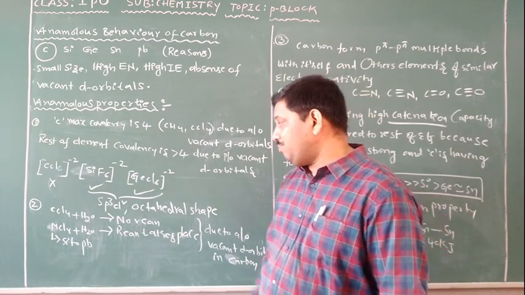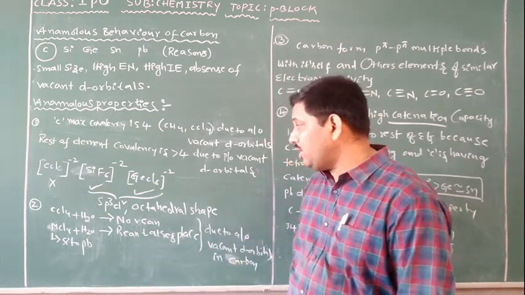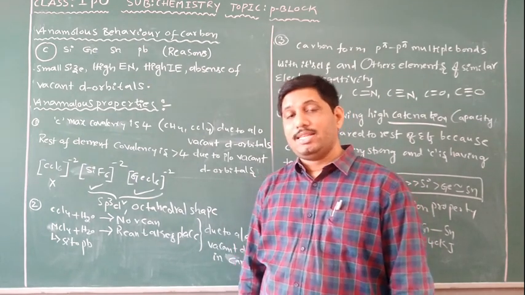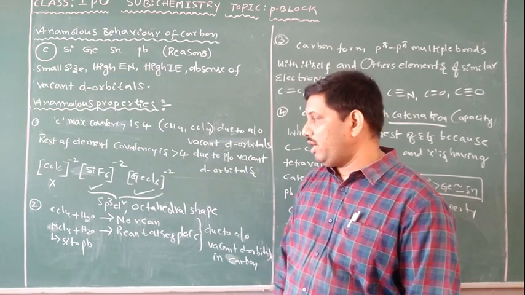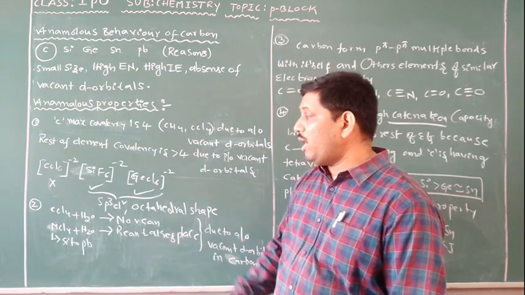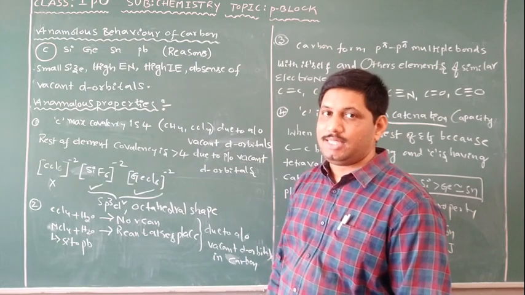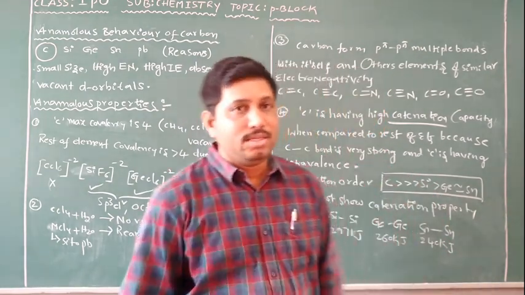In the case of carbon tetrachloride there is absence of d orbital, and in the rest of the elements presence of vacant d orbital. Silicon tetrachloride upon hydrolysis forms silicic acid. This is the second anomalous property.